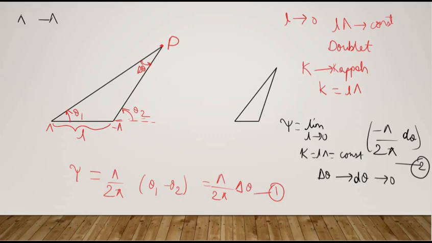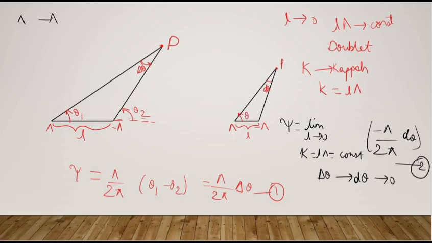So this second figure over here is nothing but this limit where the L is decreasing, and this is our point P. This would be your d theta, and this is your theta.